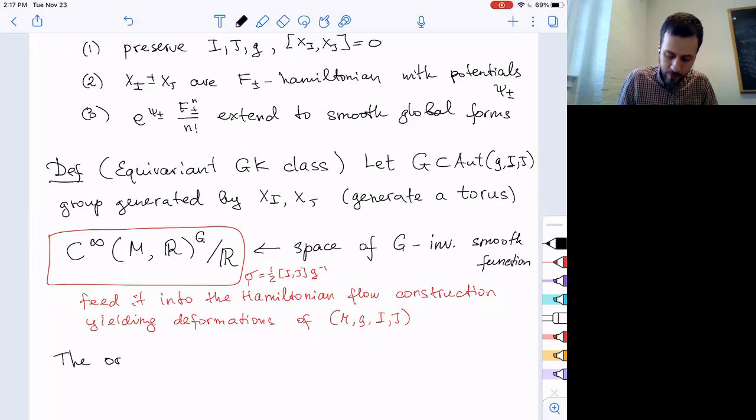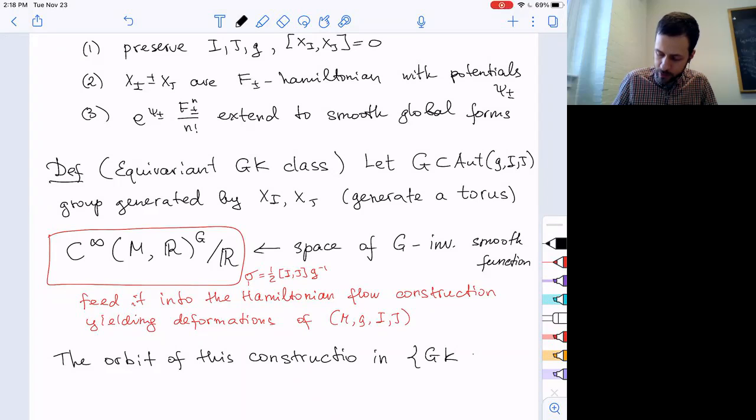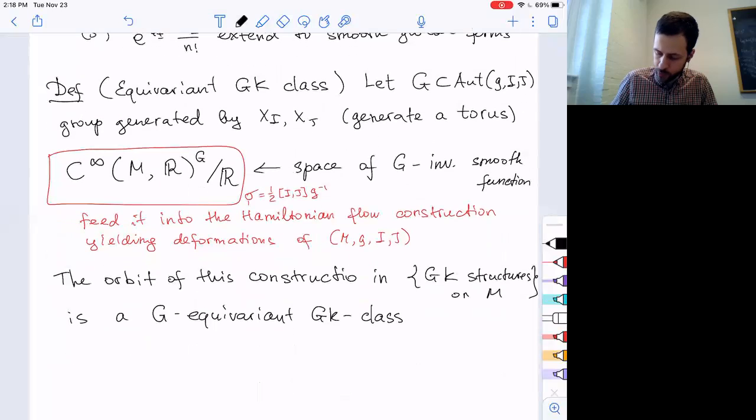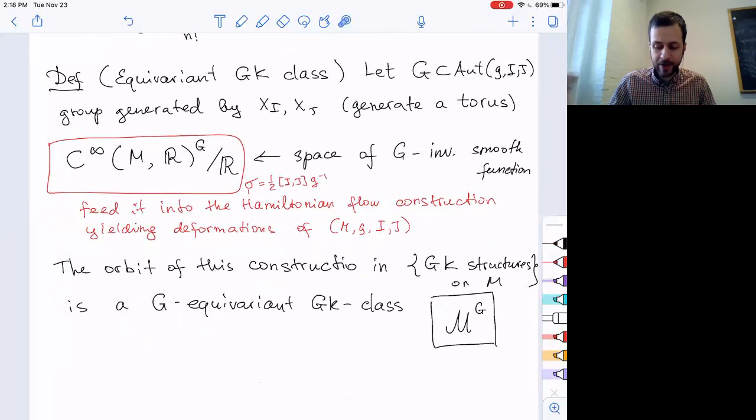So the orbit of this construction in the space of all generalized scalar structures on M is the G equivariant generalized scalar class, which we will be denoting script M G. I have to introduce this class because I have to take into account the presence of this extra data.